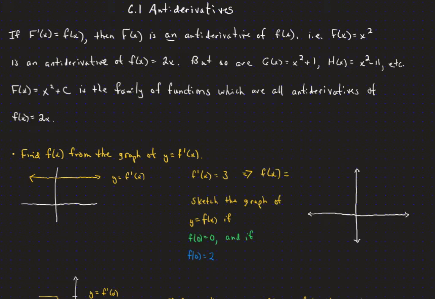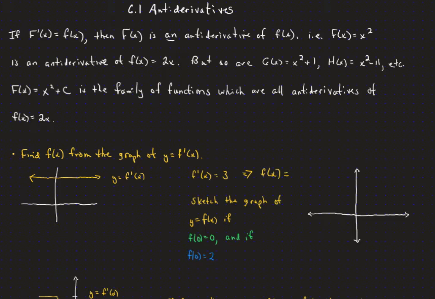For example, capital F of x equals x squared is an antiderivative of little f of x equals 2x, because the derivative of capital F would be 2x. But so are capital G of x equals x squared plus 1, because the derivative of x squared is 2x and the derivative of 1 is 0, and capital H of x equals x squared minus 11, because again the derivative of x squared is 2x and the derivative of negative 11 is 0.